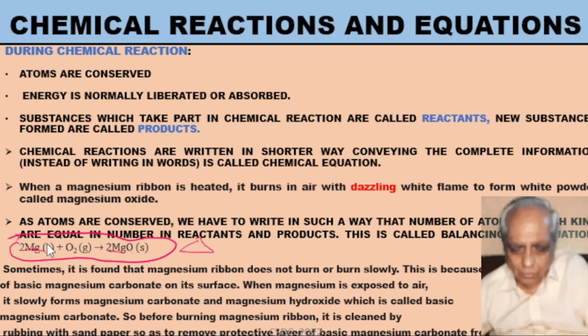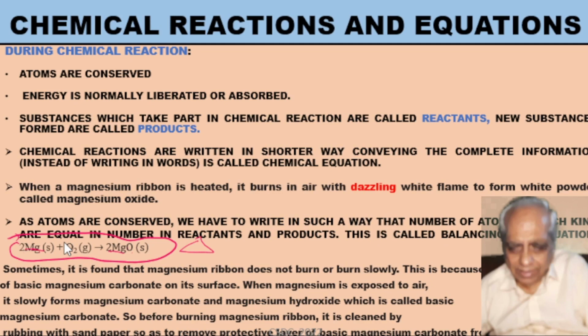sometimes you may find that the magnesium ribbon is not burning or it is burning very slowly. Why? Because, if this is the magnesium ribbon, on the outside, all along this outside, magnesium has reacted with oxygen and moisture, and it has formed magnesium carbonate and magnesium hydroxide.